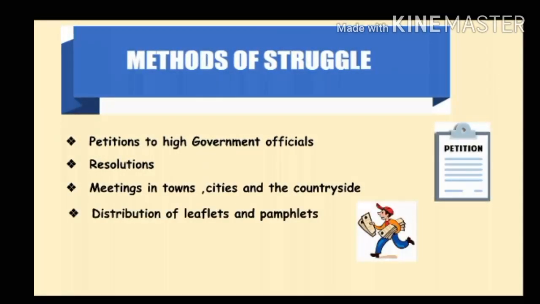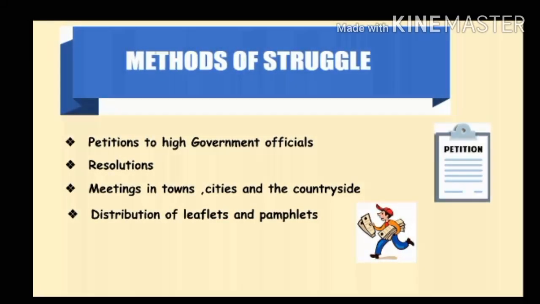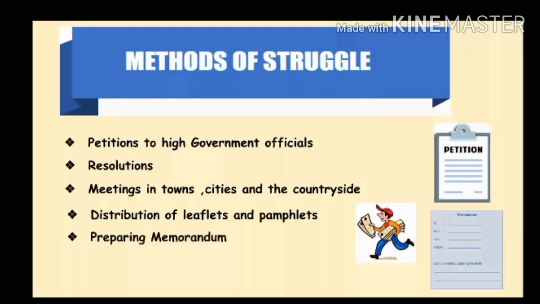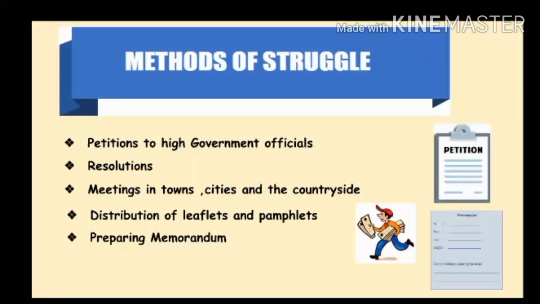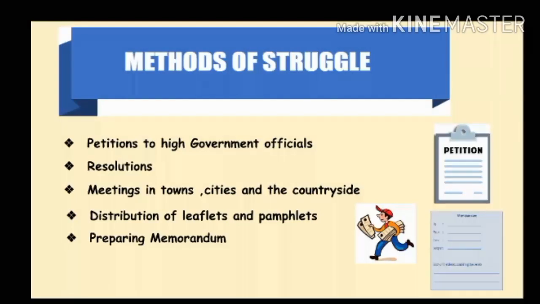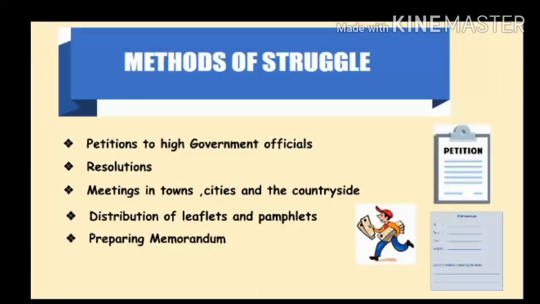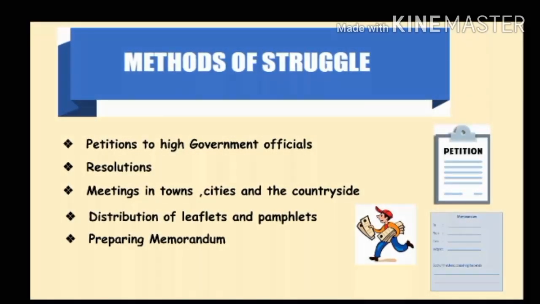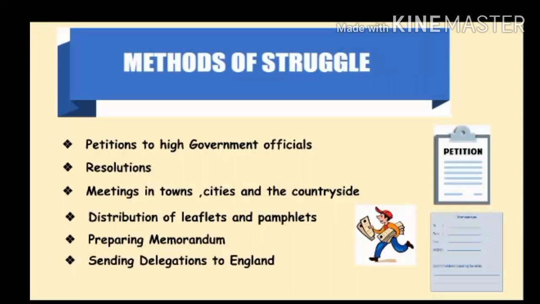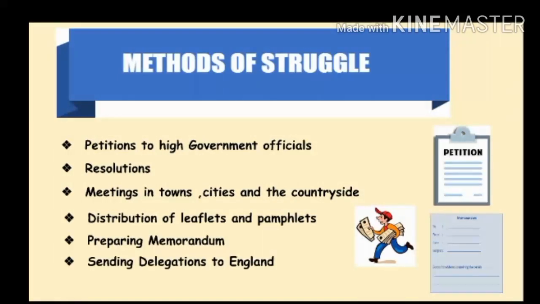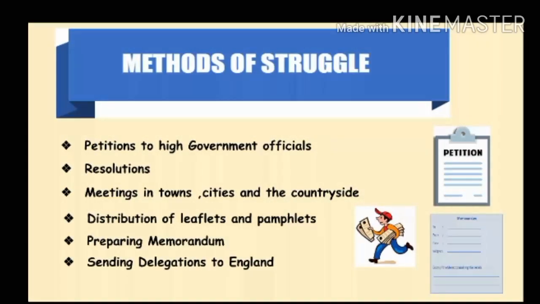They distributed leaflets and pamphlets criticizing the government policies. They prepared memorandums for the government committees and for submission to the committees of the British government. They sent delegations of leading Indians to England so that they could have talks with the British authorities on behalf of the people of India.